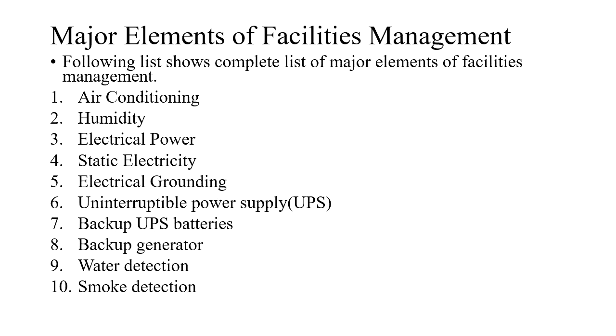Then you have electrical power. It's as simple as voltage, current. Then static electricity. It basically affects the operation of sensitive equipment. It can also build up on conductive material. Then you have electrical grounding.